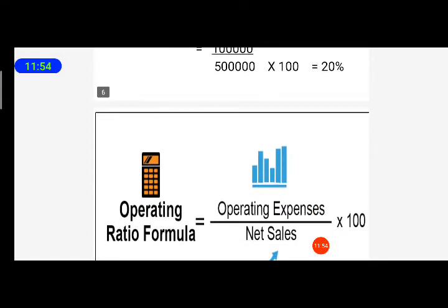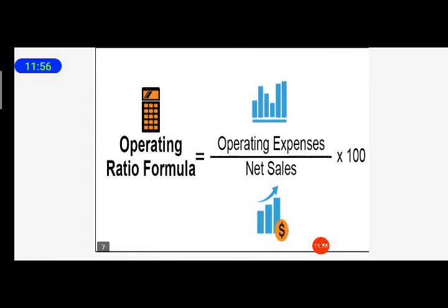Then the third ratio, operating ratio. The operating ratio relates to income for measuring the profitability of an enterprise. Operating ratios are generally expressed in percentage.